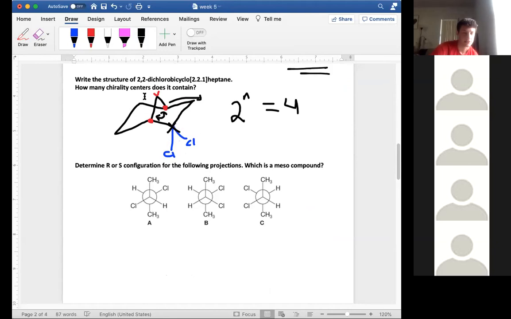And in this case, if this chlorine is attached, I'll say here, this chlorine is pointing down, right? And we know dashed is down.